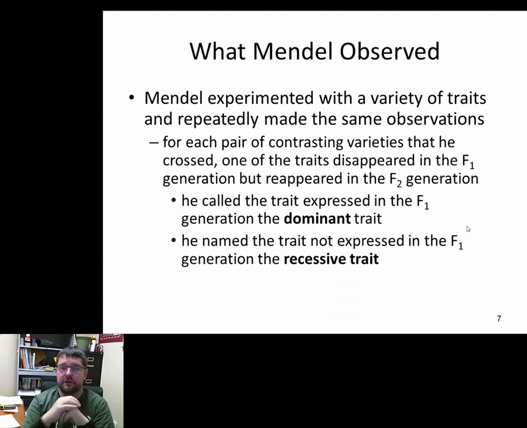The recessive trait is the trait in the F1 generation that's gone and reappears in the F2 generation. So recessive doesn't mean worse, it doesn't mean less common, it doesn't mean anything like that. It just means that in the presence of a dominant trait, the recessive trait will not be expressed.